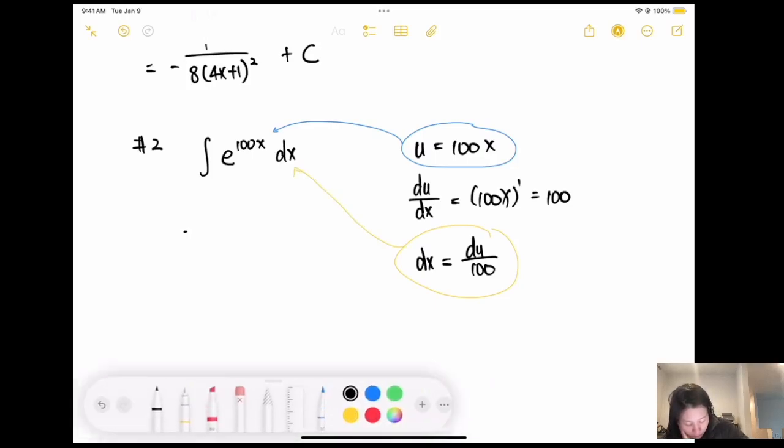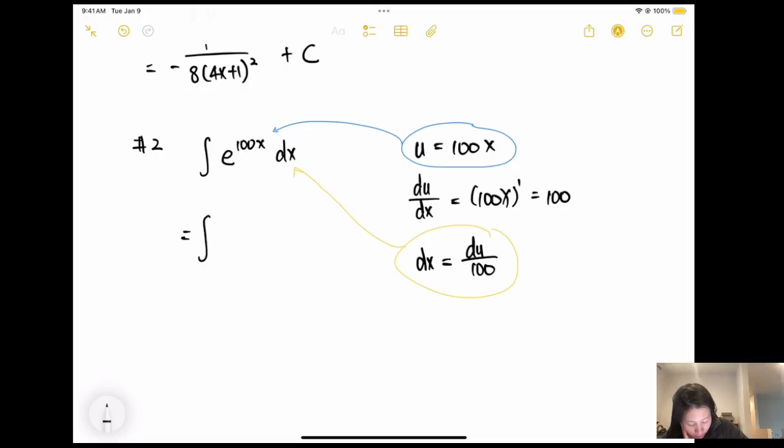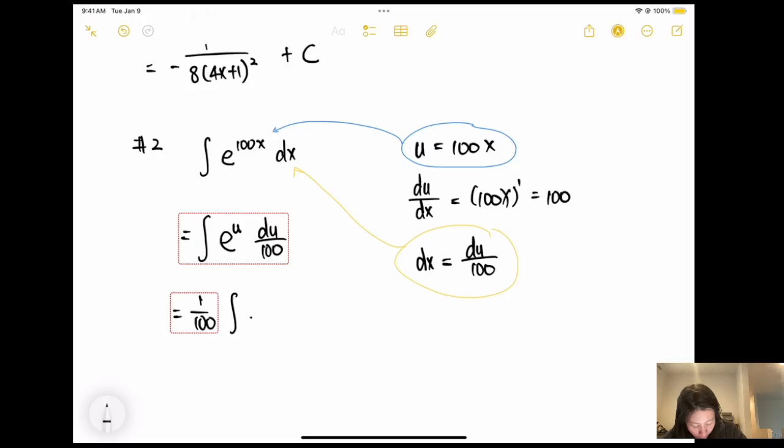So now we got the integral of e to the u times du over 100. Simplify it. I got 1 over 100 times the antiderivative of e to the u du. So after I simplify, I got e to the u plus the constant term.